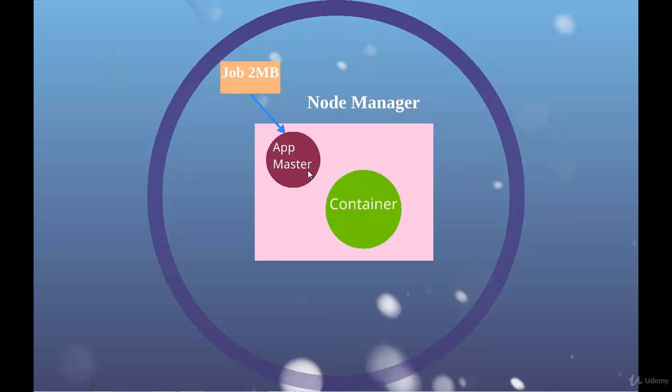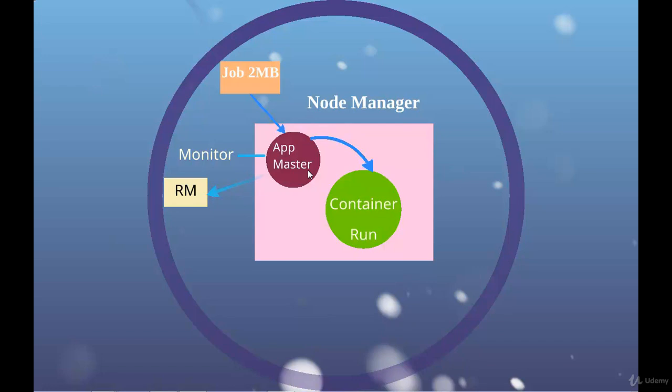And the App Master monitors that container periodically and updates statistics to the resource manager of the memory being used by the container. That is how the resource manager will come to know at runtime which machines to negotiate with, which machines are capable of executing a job that's being scheduled from the clients.